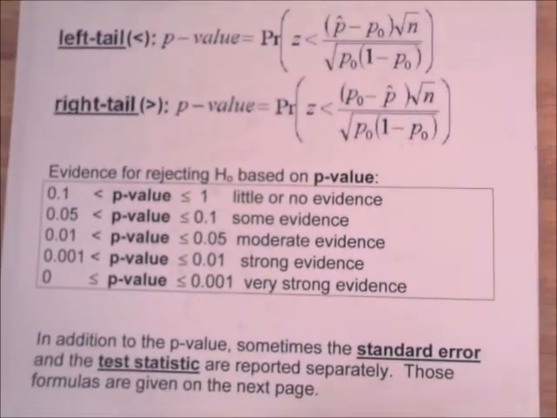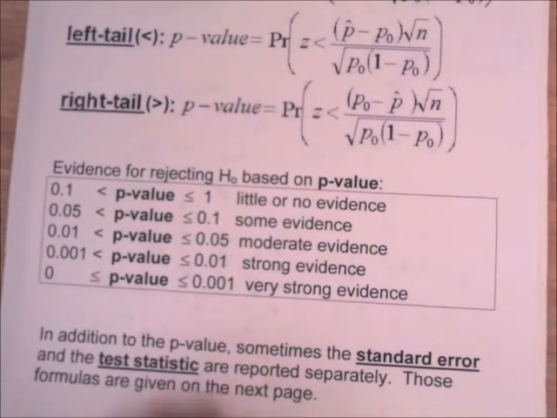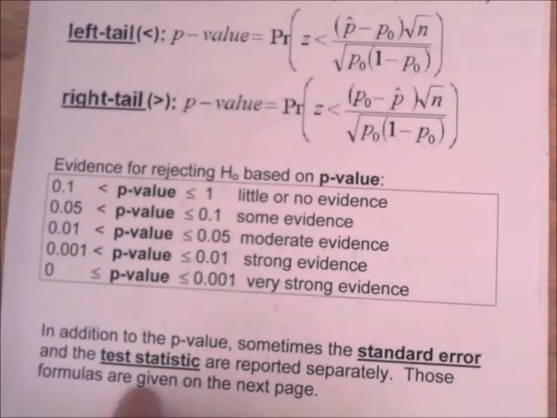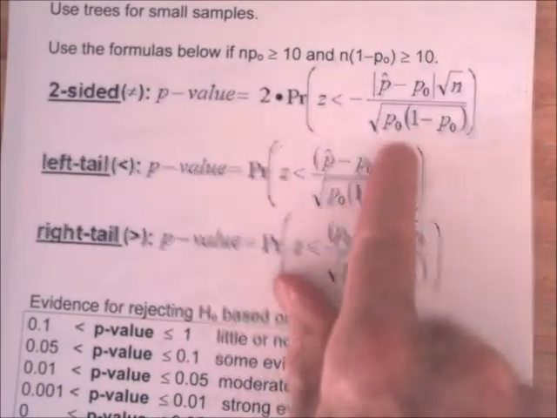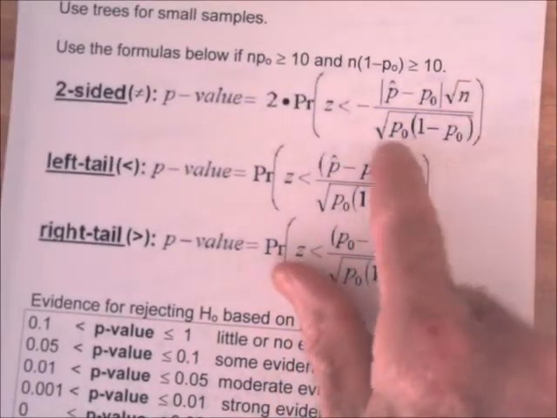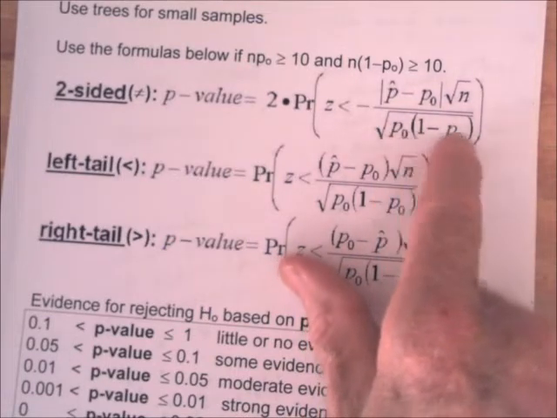And there's also a standard error that is part of this formula here. Actually, if you bring the n down to the denominator, that will give you the standard error.